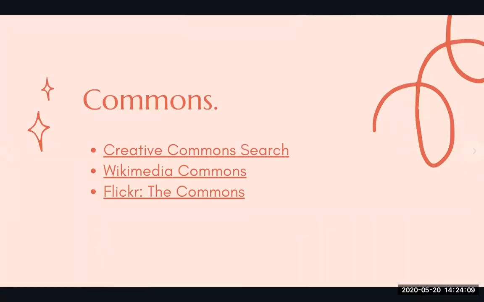So let's talk a little bit about Commons, and I'm sure that you've heard of some of these too. Creative Commons, in addition to its licensing, also gives you the ability to search for materials that have a Creative Commons license that grants you use of those images.